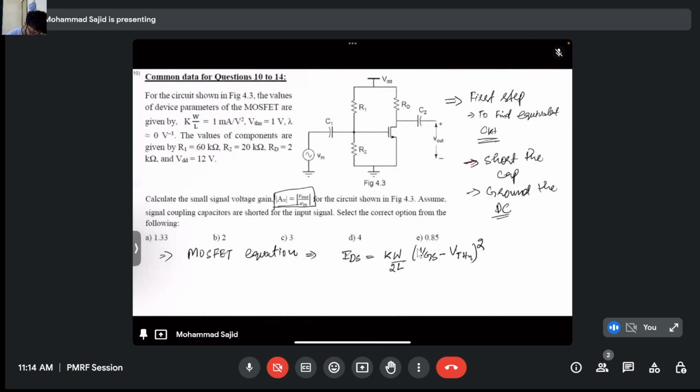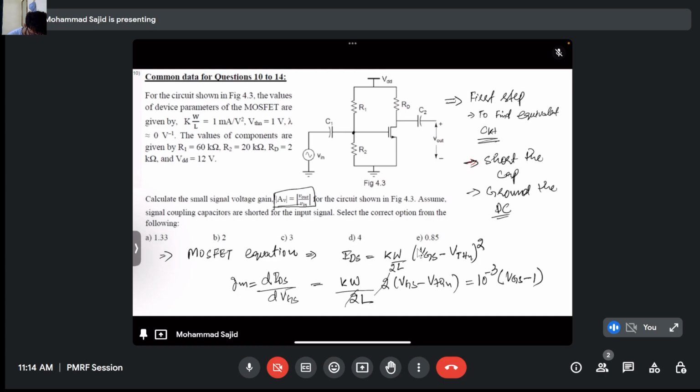Now, if we have to find gm, we take dID by dVGS. gm is transconductance, output current by input voltage. So what we get is kW by 2L into 2 times VGS minus VTH. Now kW by L is given to us as 1 milli, that is 10 to the power minus 3, into VGS minus 1 volt. Now we have to find VGS.